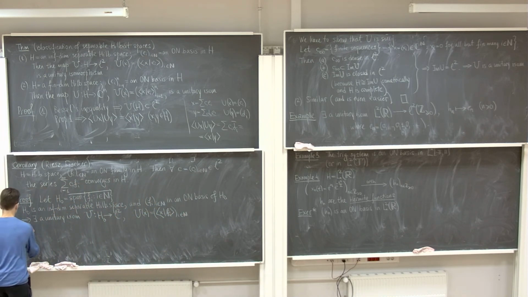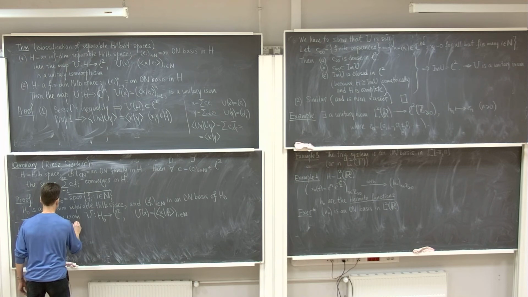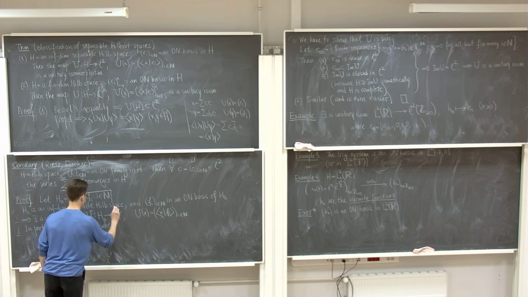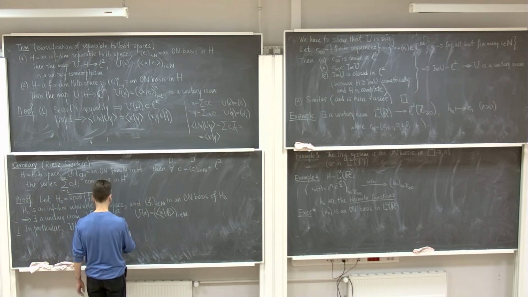So in particular, we see that U takes Fi to Ei, where Ei is the ith standard basic vector of l2.